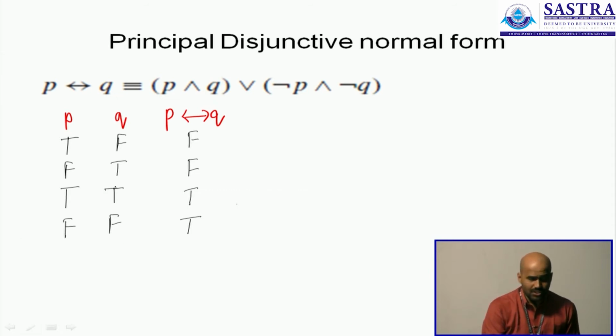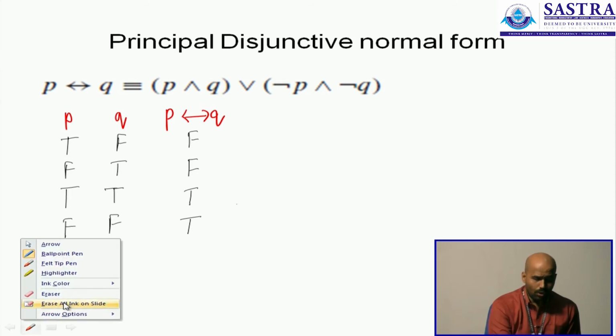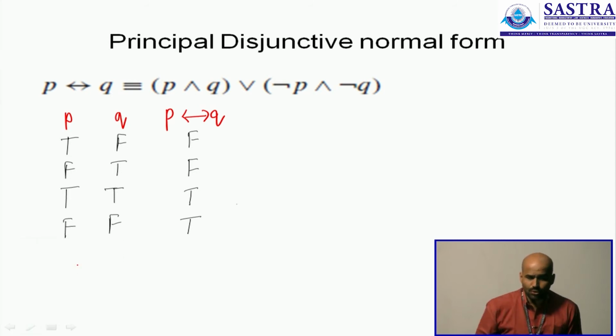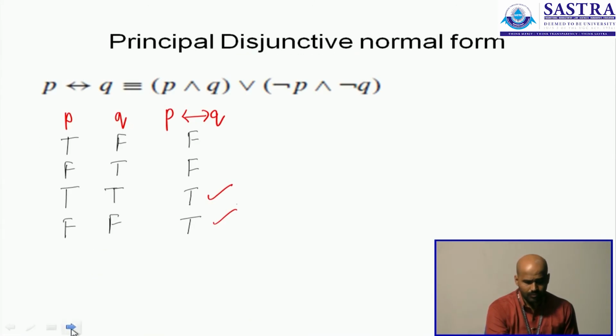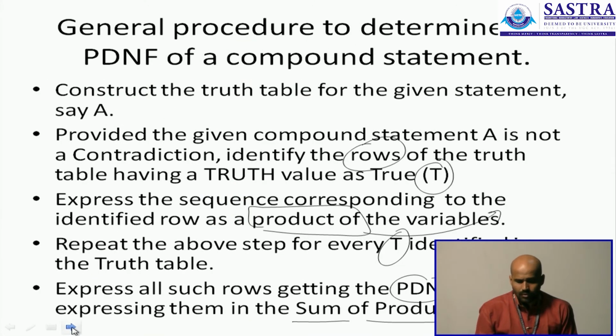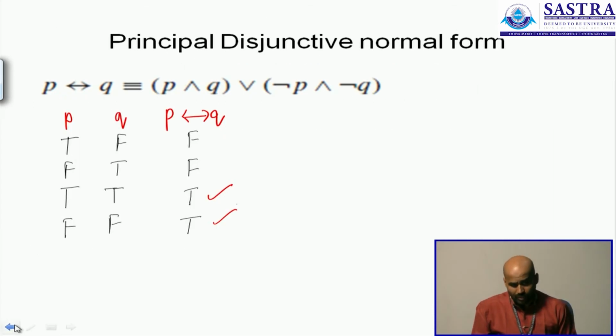Okay, so what did step 2 want you to do? Step 2 wanted you to identify those rows which gave you the true answer. It's only the last 2 rows. And what's next? Express the sequence corresponding to the identified row as a product of the variables. So let's go back to the table.